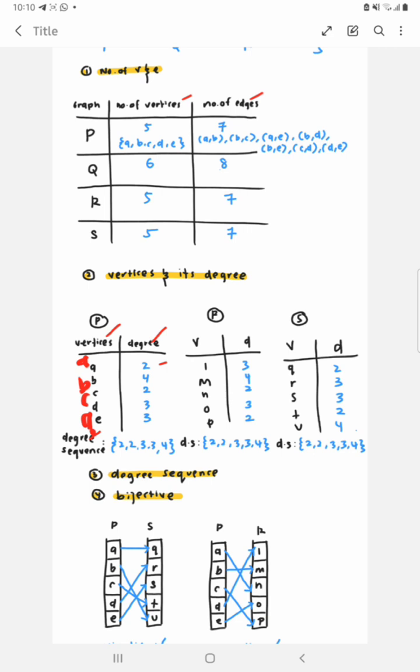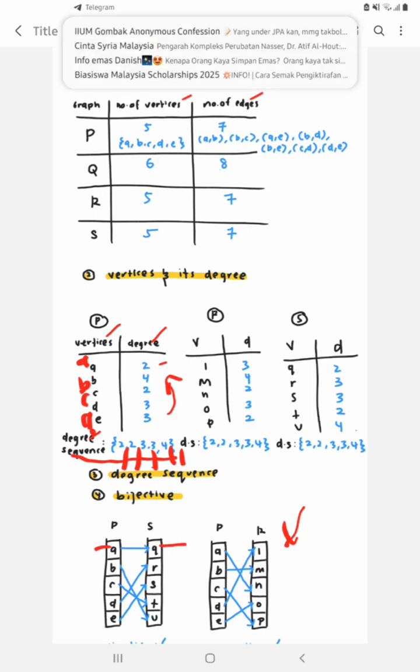Then number 3, degree sequence, just under the table of vertices and their degree. For the sequence, just copy the degree from the previous step. Okay, and then number 4, bijective or not bijective, is basically whether the degree here equals the degree of the element here.